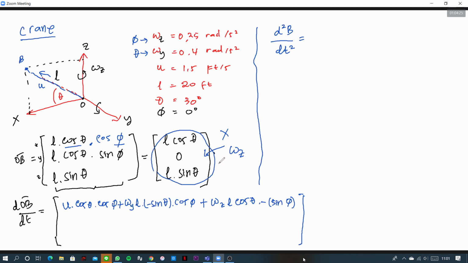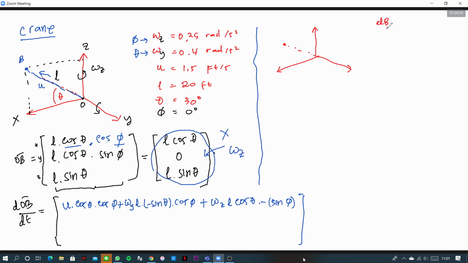Okay, now let's see, for example, if the question is what is the velocity in the x direction? Okay, so I will draw it again here so you can imagine in three-dimensional space. So here is point B. So what does my vector DOB by dt mean?